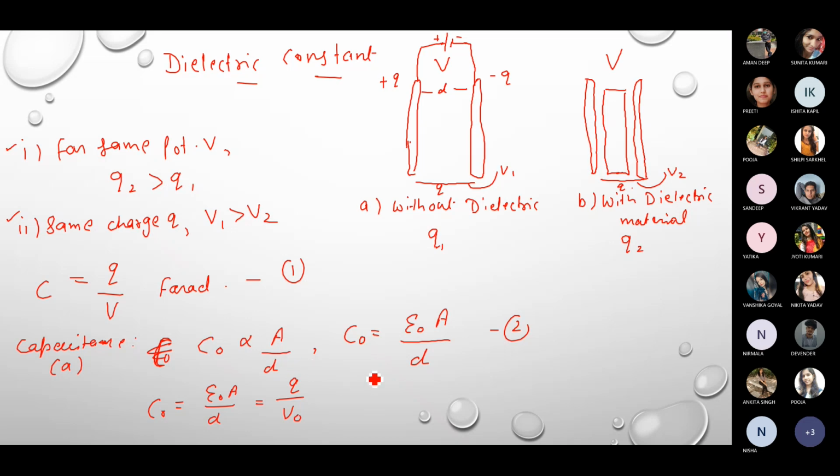Here, as you know, A represents the area of the plates and D is the distance between them, and the parameter epsilon naught is called the permittivity of the vacuum. V naught is the potential difference between the plates without dielectric, and C naught is the capacitance of the system, right?